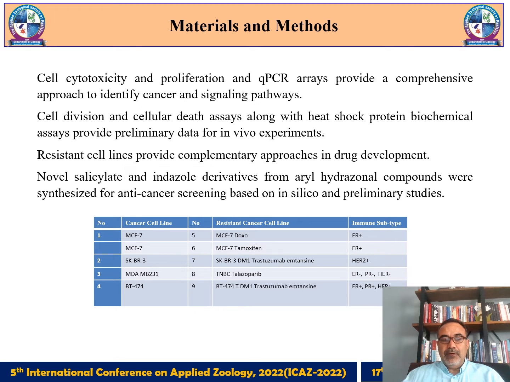But what we found is that a compound that affects the resistant form will not affect the cancer cell line. So we used templates that are effective on cancer cell lines and resistant cancer cell lines.